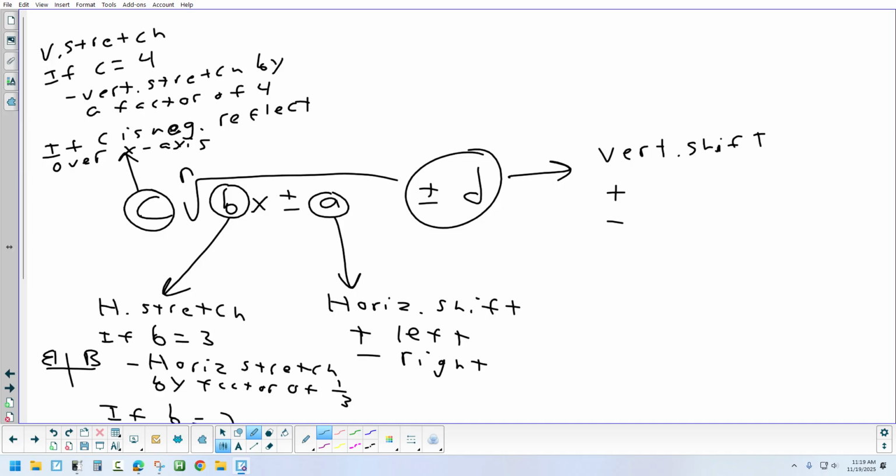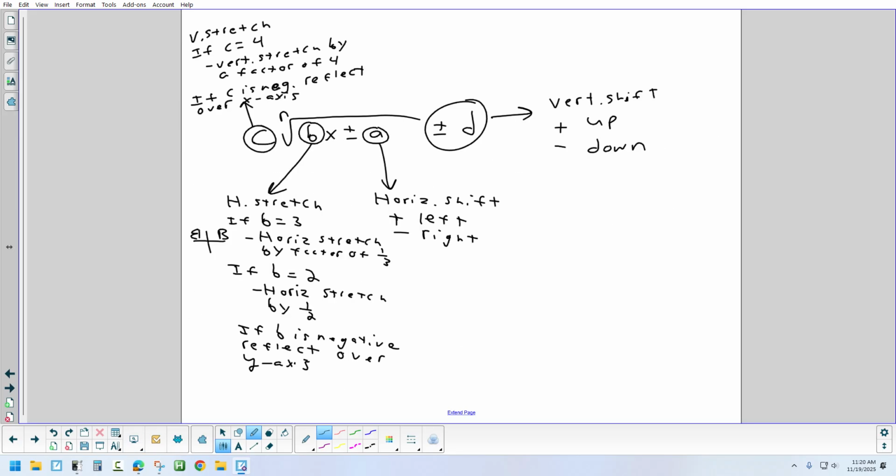And positive would shift the graph which way? Yep, up. And negative is down. Okay, so that describes everything that can happen with the transformations, and it's exactly the same as every function we've looked at.